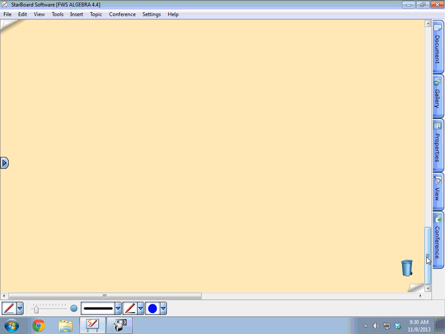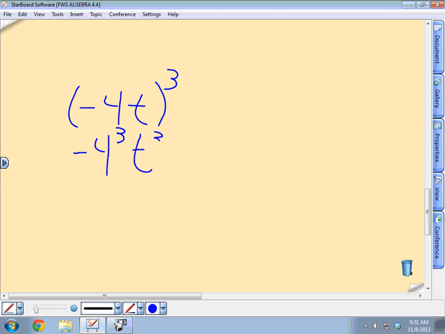Not negative 12, because you have negative 4 to the 3rd power, right? So you've got to multiply negative 4 by itself 3 times. 64. Just kidding. You're close. You start out negative 4 cubed, t cubed.